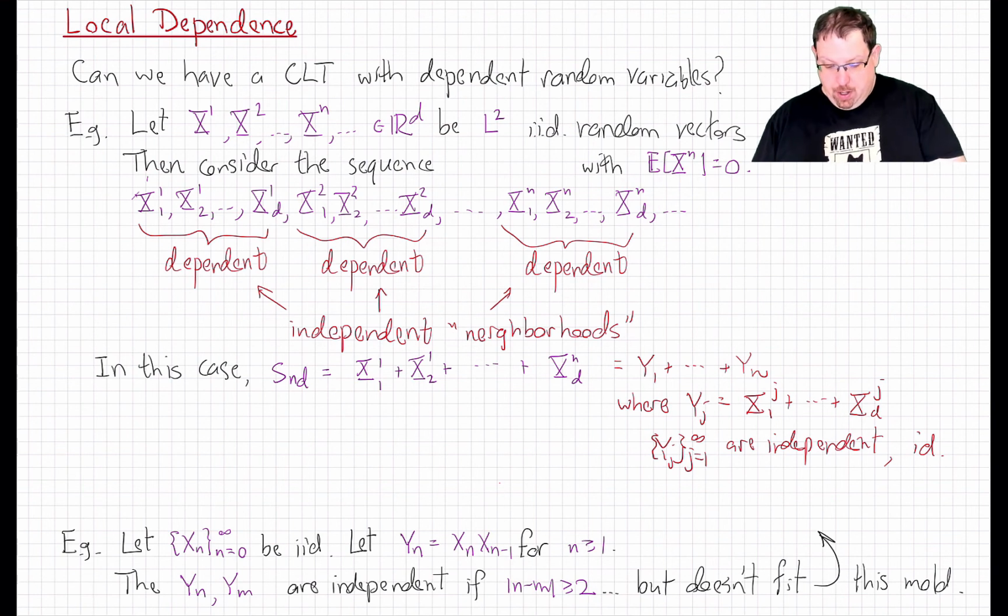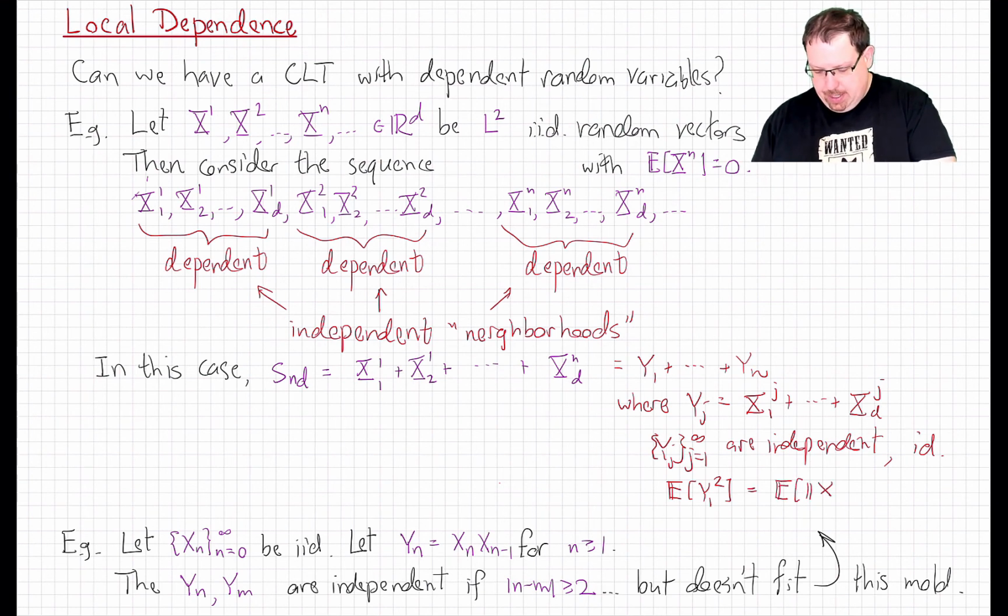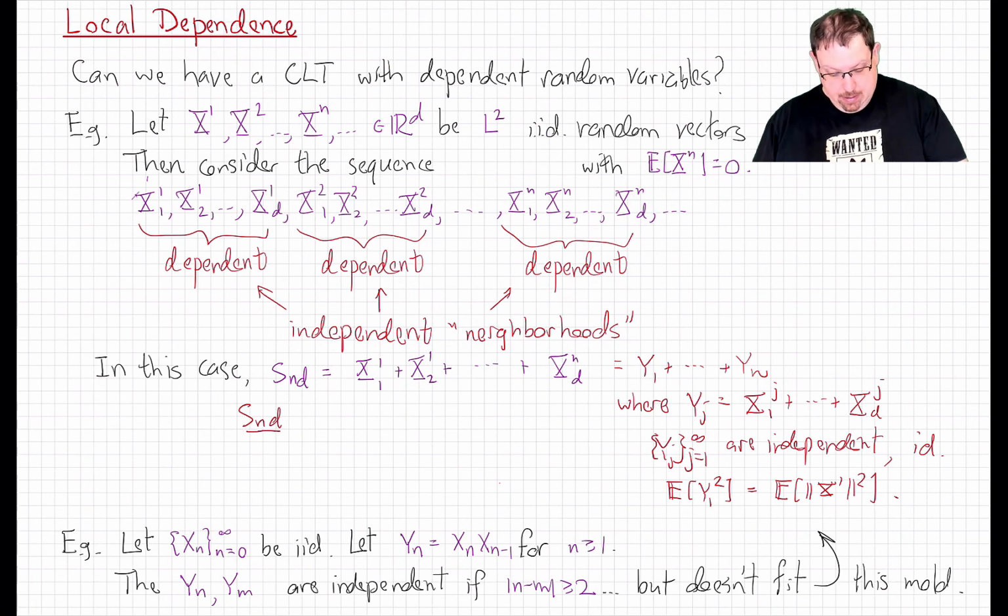The random variables yj are centered because of our assumption on the entries of the xj's, and the common variance, which is just the same thing as the second moment of y1, is going to be the expected squared Euclidean length of the vector, say, x1. And so if I take S_nd divided by root nd, well, we can just write that as 1 over root d times the sum of the first n y's divided by root n.